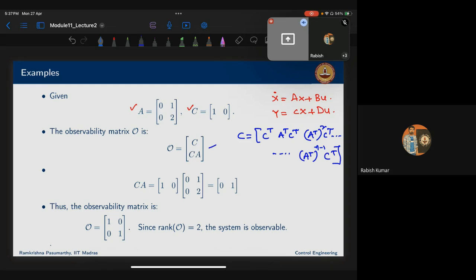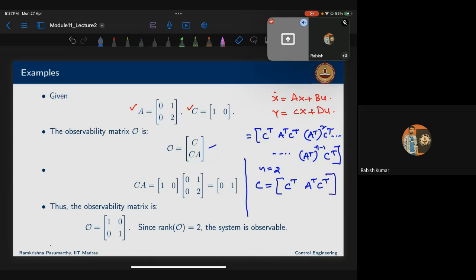Now for n equal to 2, you'll have O equal to C transpose, and 2 minus 1 is 1, that means A transpose C transpose, which is equivalent to this.